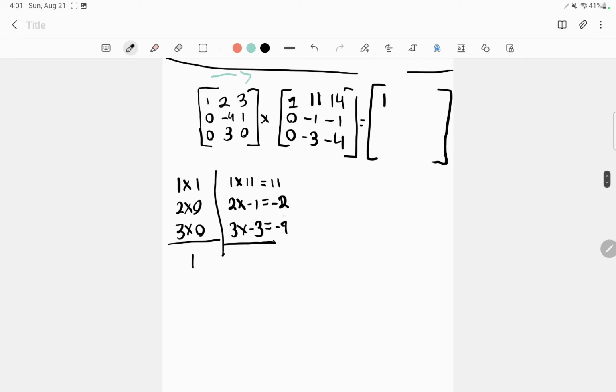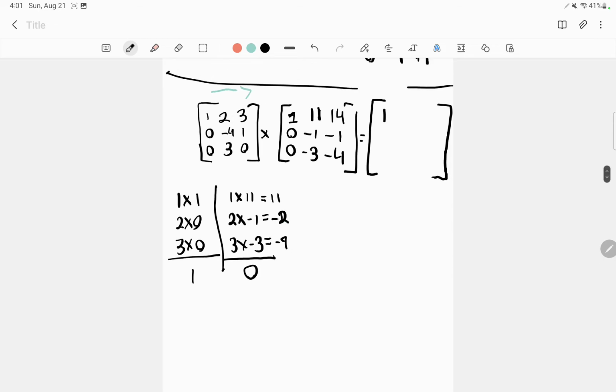So those two is 11 minus 2, which is 9. 9 minus 9 is 0. So the second one is 0. So far, so good, right? Now let's do the next one.